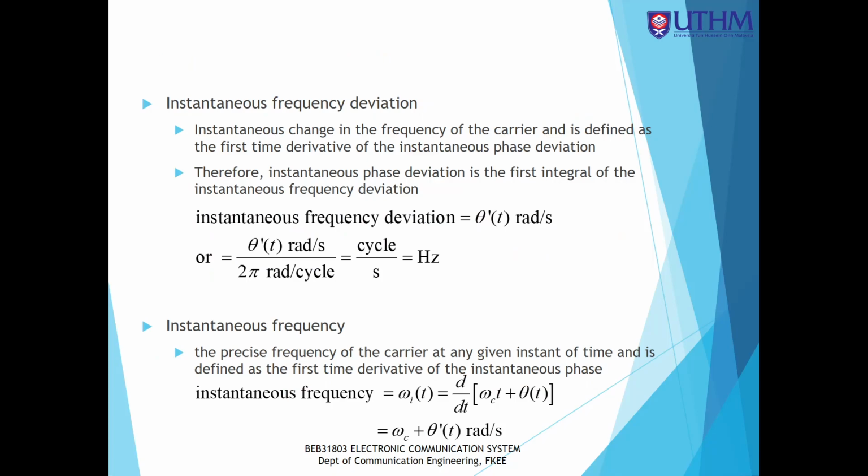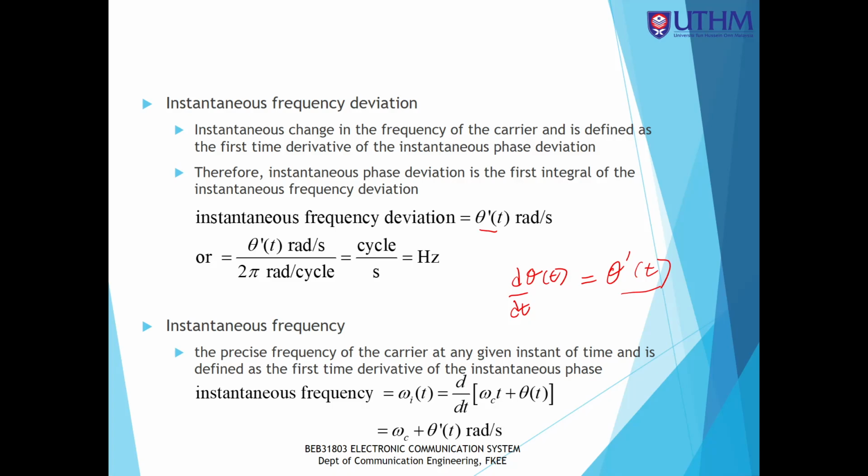If you do the first derivative of theta(t), d/dt of theta(t), you are going to get theta prime(t). Theta prime(t) is what we call the instantaneous frequency deviation.